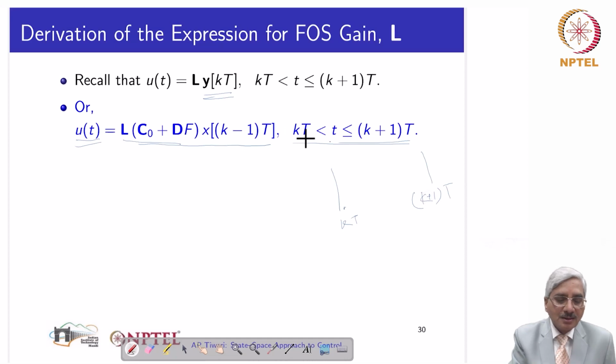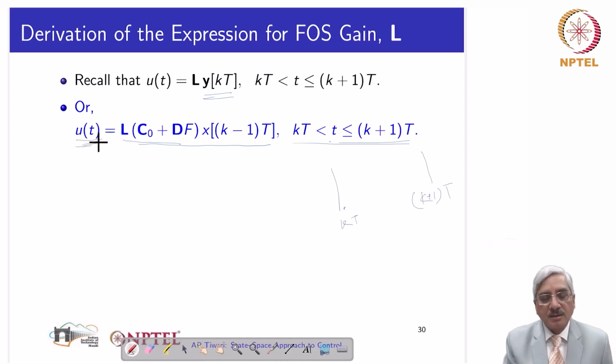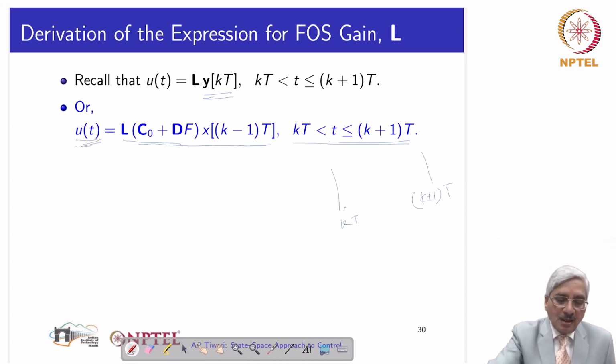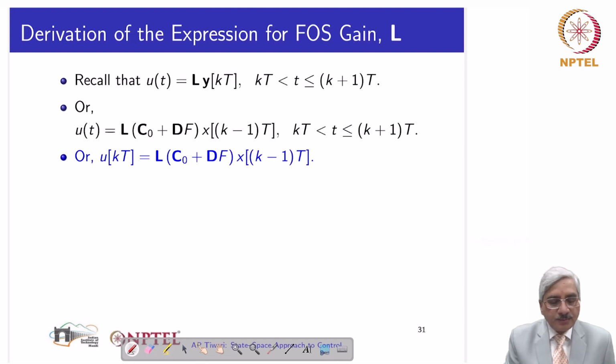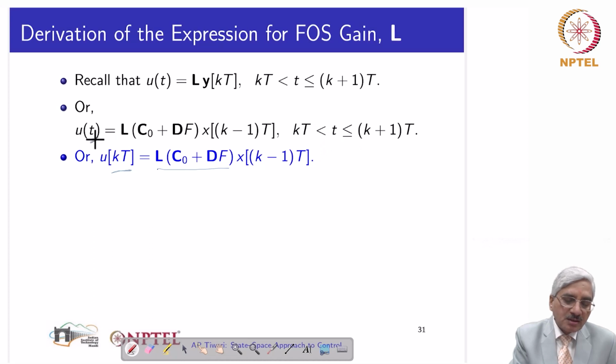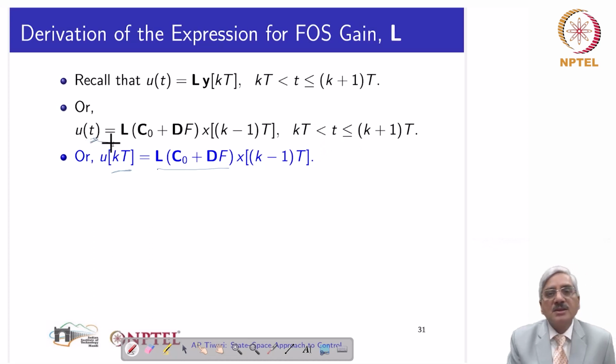We get that input during that interval. Because during the entire interval the input is constant, we substitute t equal to kτ, and so u(kτ) is given by this expression.